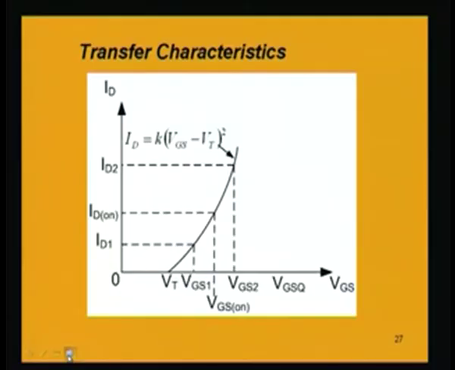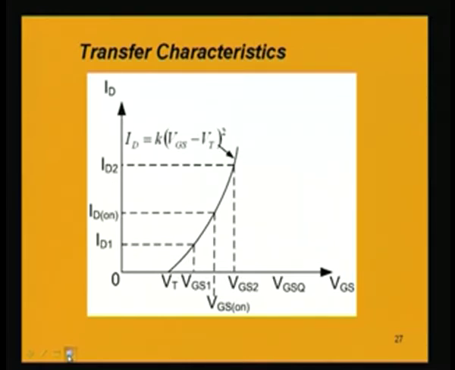Now, our aim is to locate the operating point Q. So, how can we find the Q point? We will be finding the Q point by drawing the transfer characteristic and fixing the ID VGS line on it.